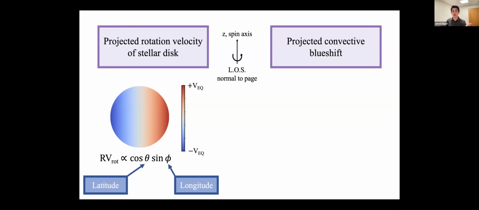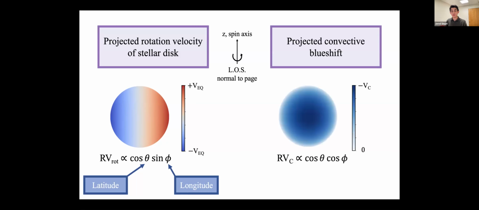If I then place a spot on this star, it's going to create an imbalance between the red and blue shifted hemispheres, which will then create a net radial velocity signal. And thankfully, if we put aside differential rotation for a second, we can express what this radial velocity perturbation would be simply as a function of the spot's longitude and latitude.